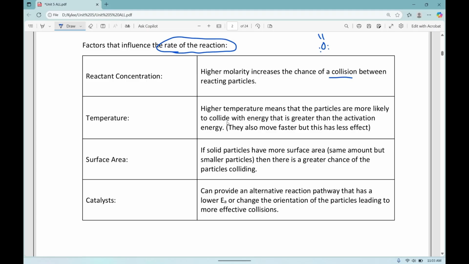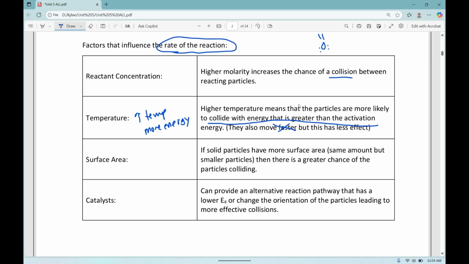The temperature, we learned a little bit about temperature when we talked about kinetic molecular theory. And so if they increase the temp, then that means the particles have more energy. And since the activation energy is the energy barrier needed for the reaction to happen, this is what will happen. A higher temperature means the particles will collide with enough energy. They're also moving faster, but that's not so much what we're talking about here. We're talking about that they have enough energy to make an effective collision.